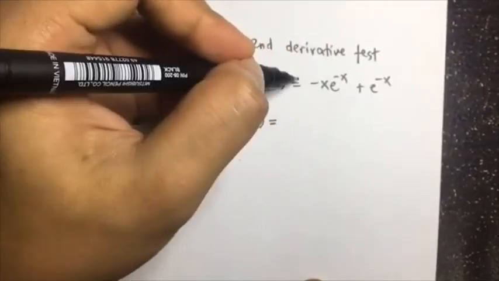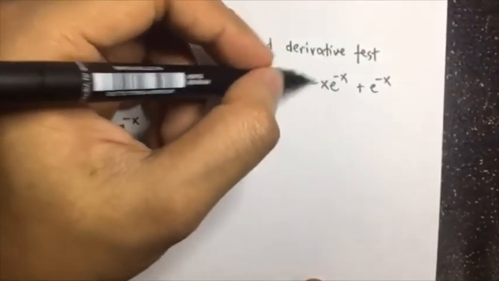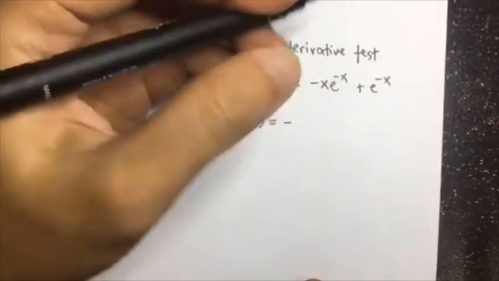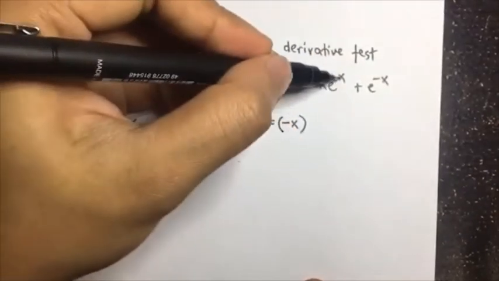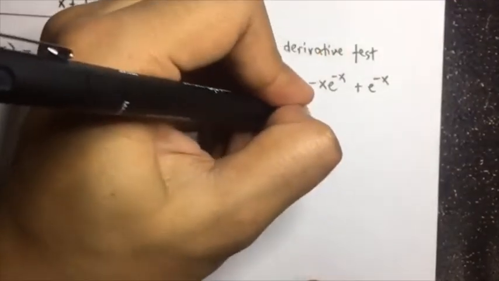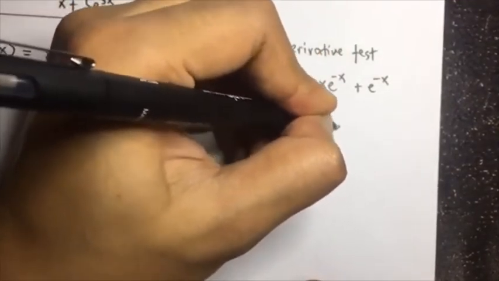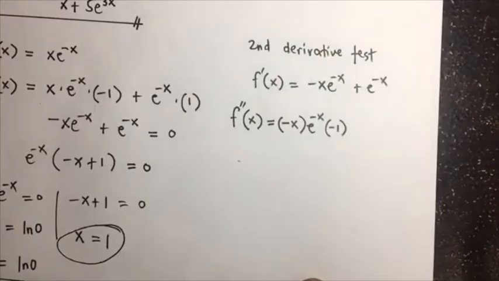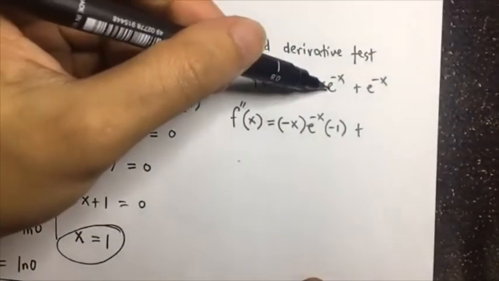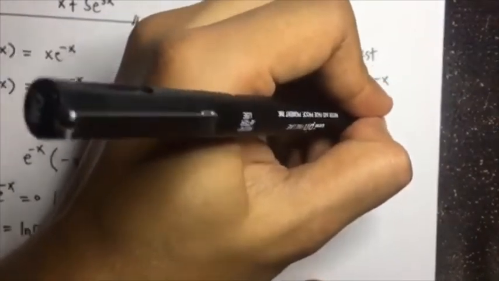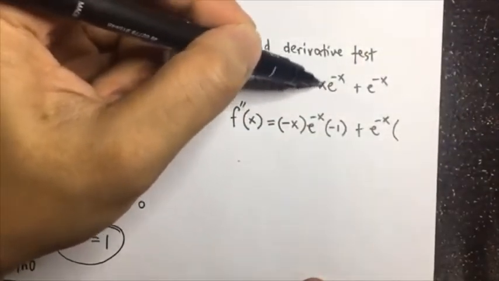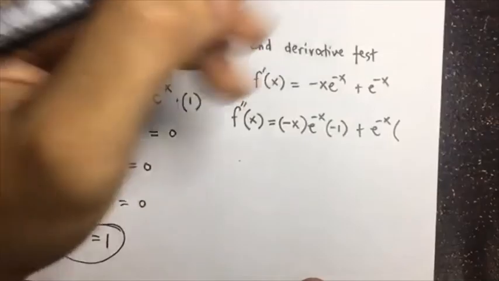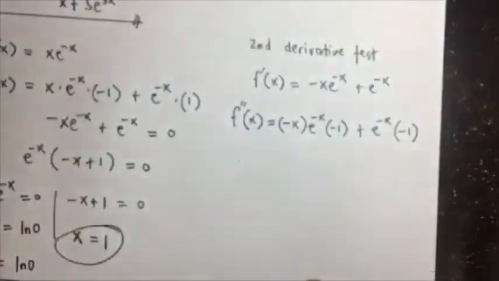First factor is negative x multiplied by the derivative of e to the negative x, that is e to the negative x times negative 1, plus the second term e to the negative x multiplied by the derivative of the first factor, derivative of negative x is negative 1.